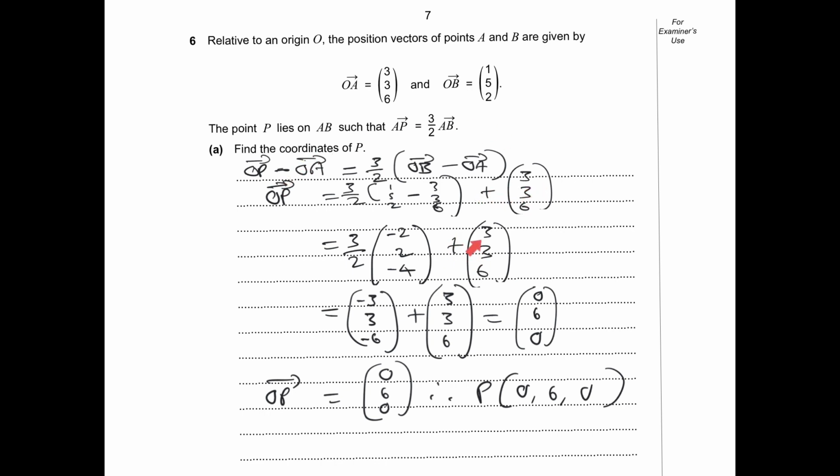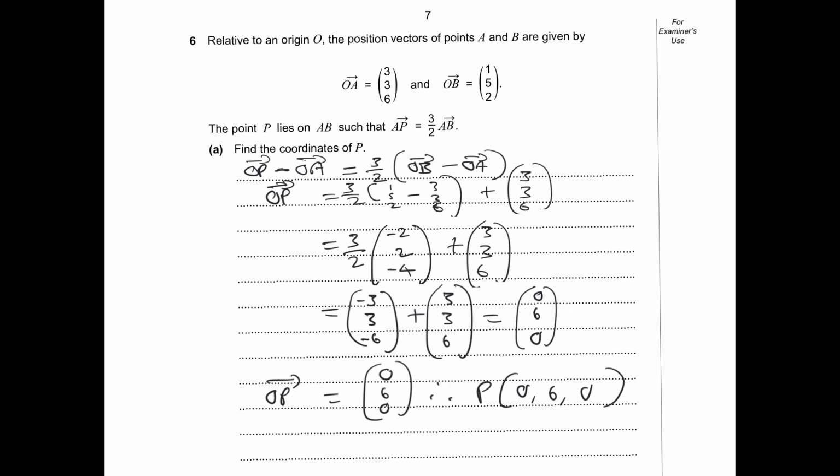The first thing to simplify is to multiply this scalar times the vector, plus that. When we get that, it gives me my OP. So OP straight away gives us the coordinates of P.